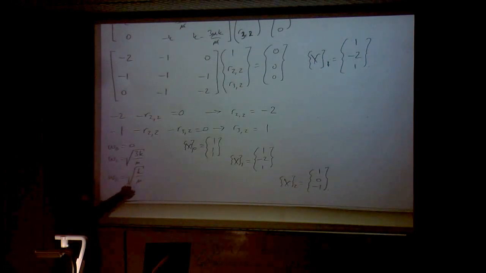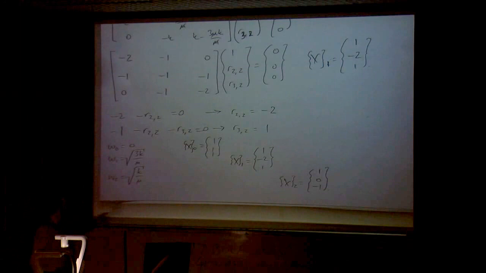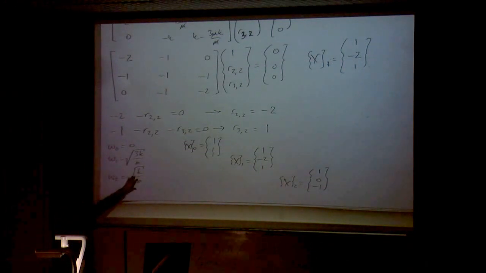Square root of both of those, obviously. Omega 1 is root 3k upon m, omega 2 is root k upon m.